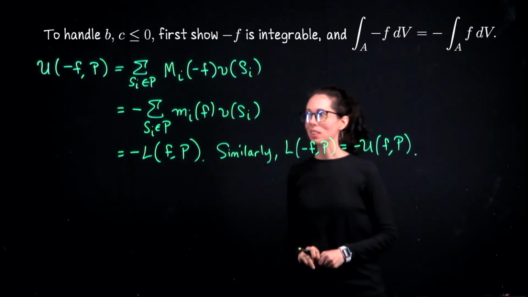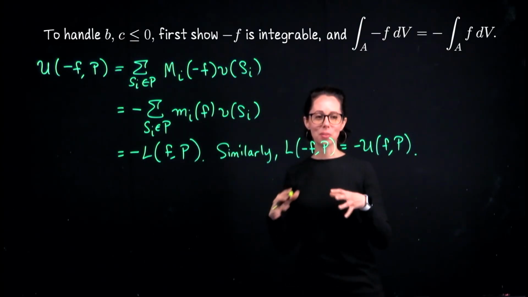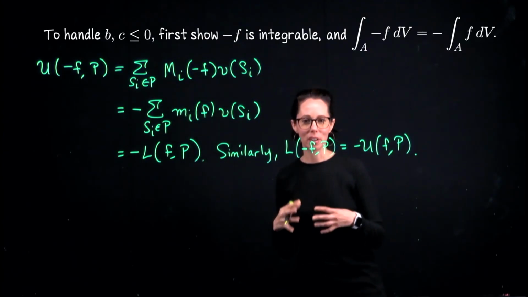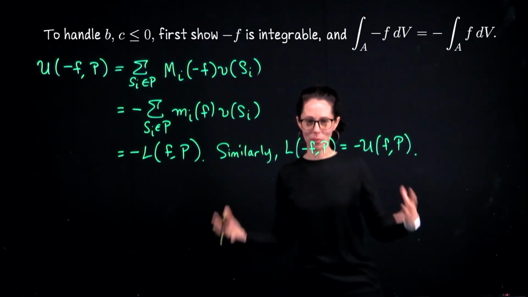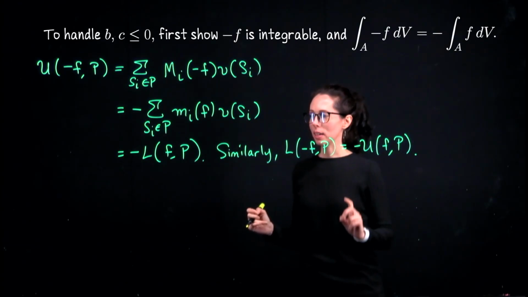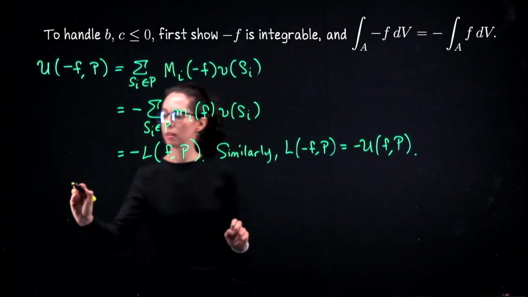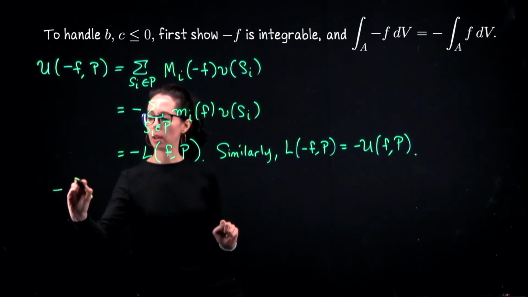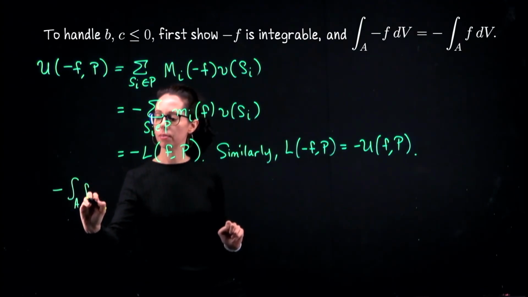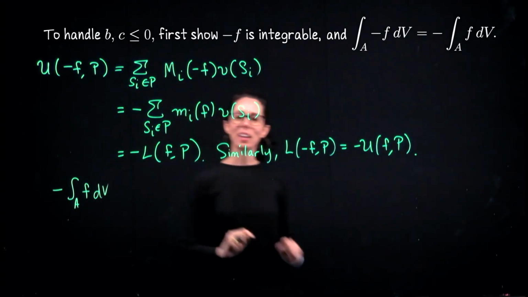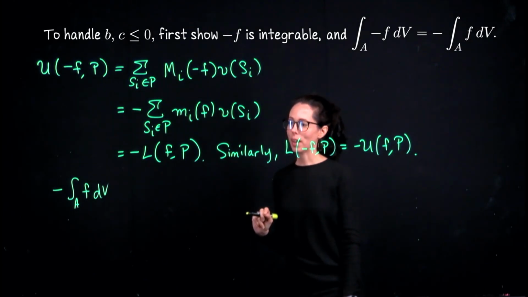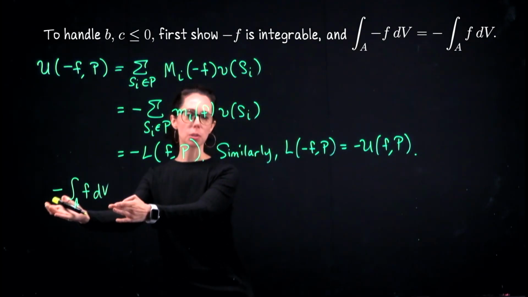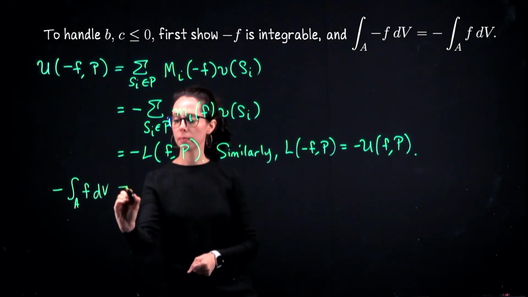Okay, so now let's try to bound the integral that we're studying between the integrals that we know. So what I mean by that is I'm going to start by saying -1 times the integral over A of f. Okay, so I know that this exists, and I'm just multiplying it in front by -1.